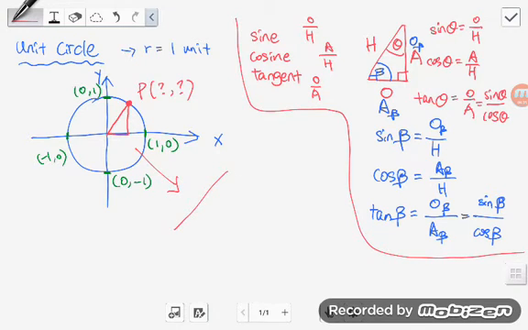I have this part, and it's a right triangle, which means I can use my sine, cosine, and tangent, or some of you call it SOHCAHTOA, right? Now my angle is going to be here. This is my angle, so I'm going to call it theta.